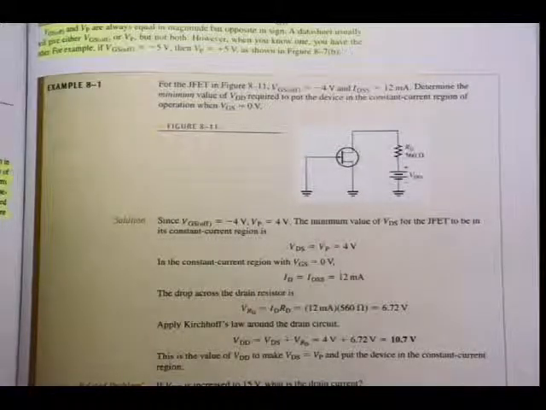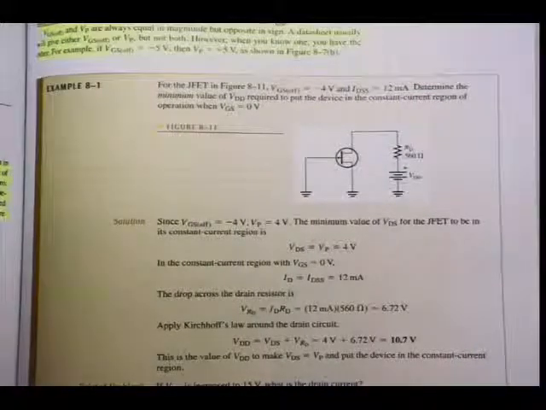It always boils down to Ohm's law and Kirchhoff's law. VDD is equal to the voltage drop VDS plus the voltage drop over RD, 10.72 volts. So this is the value of VDD to make VDS equal to V pinch off and put the device in the constant current region.